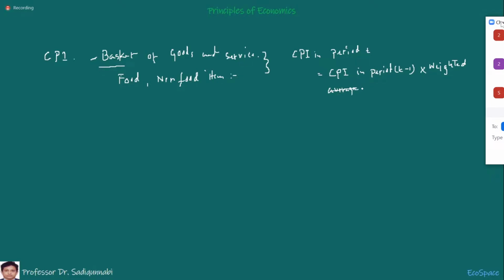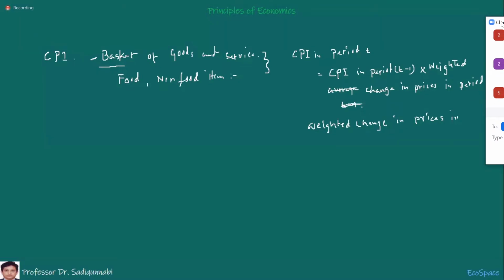Not weighted average, weighted change in prices in period T. Sorry, this is not T minus 1.